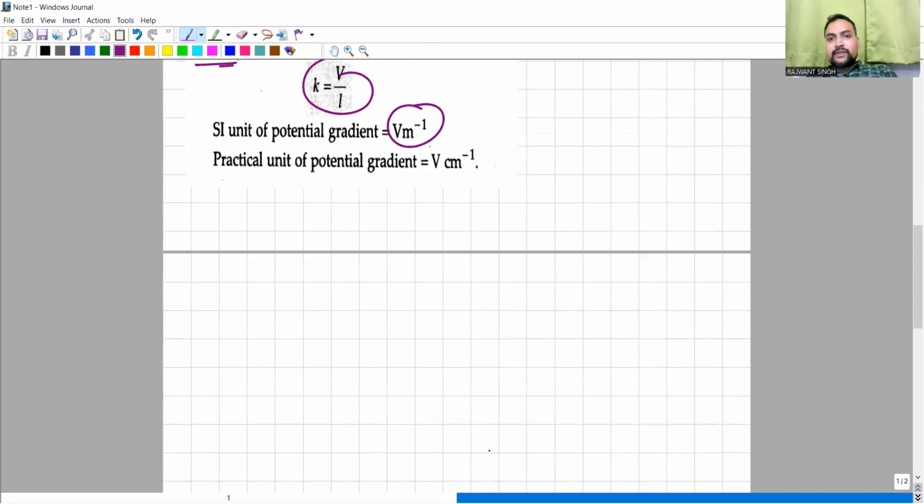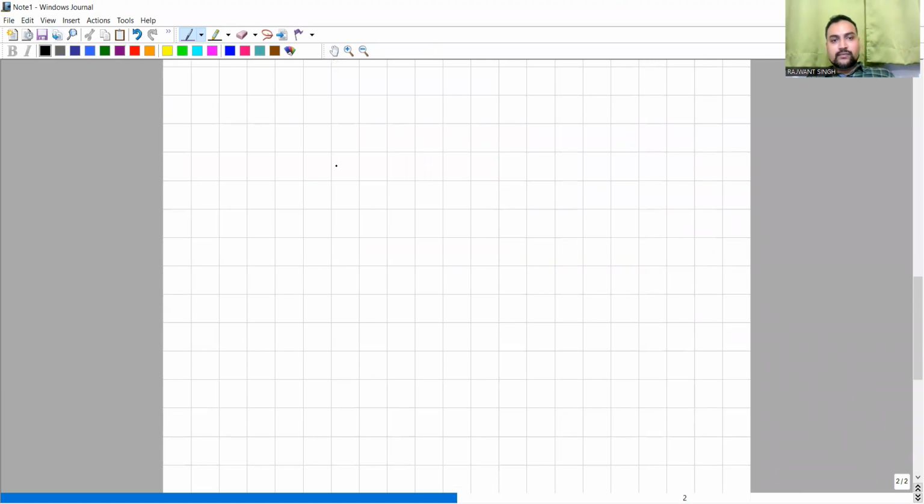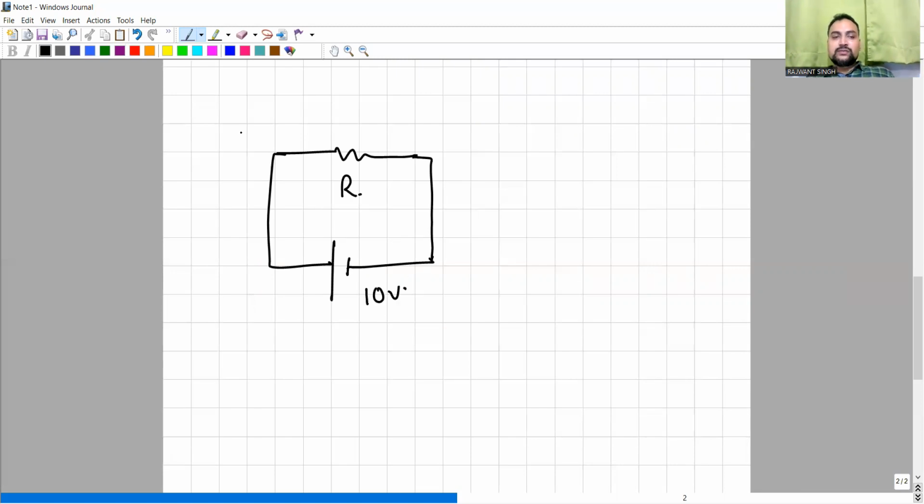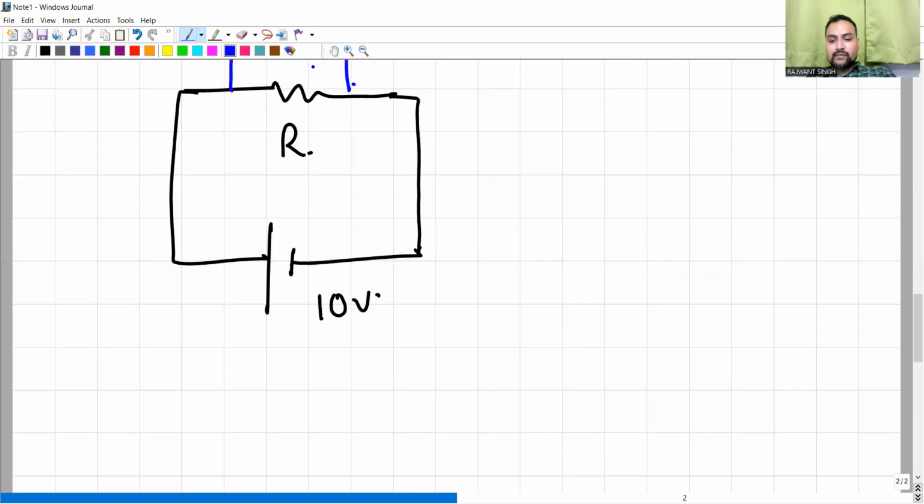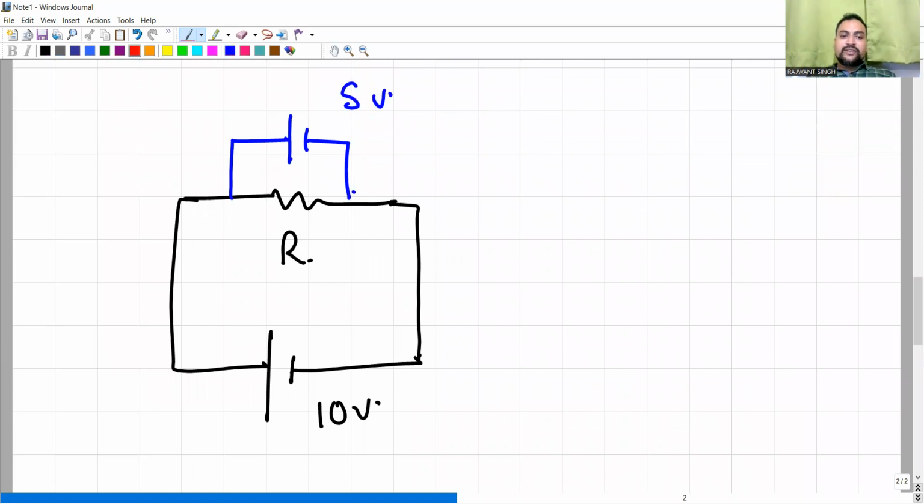The second concept that you have to understand is, let's say there is a resistance and you have connected this resistance across a cell, and let's say this cell is 10 volt. Now if you connect another cell here and make this cell 5 volt, what exactly will happen? Some current from this 10 volt cell is going to come to this junction.